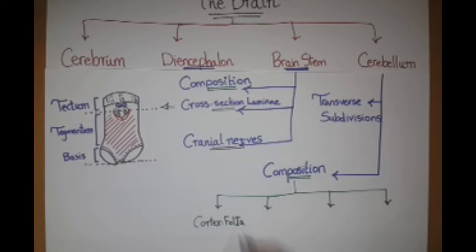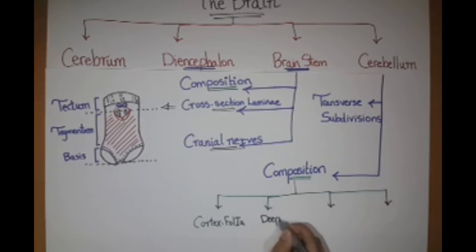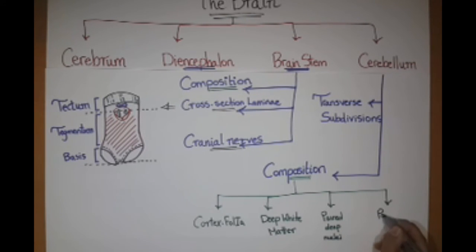Here it is written with a capital I. That was a technical mistake in the video. We also have the deep white matter in the composition of the cerebellum. We have paired deep nuclei, so these are nuclei that are paired together. And finally, we have the paired deep peduncles.